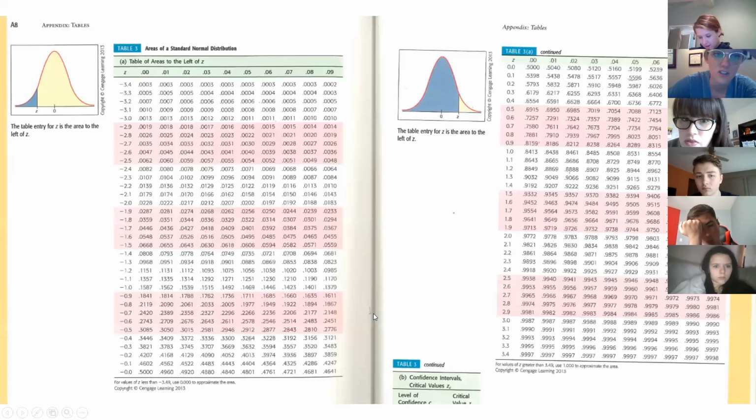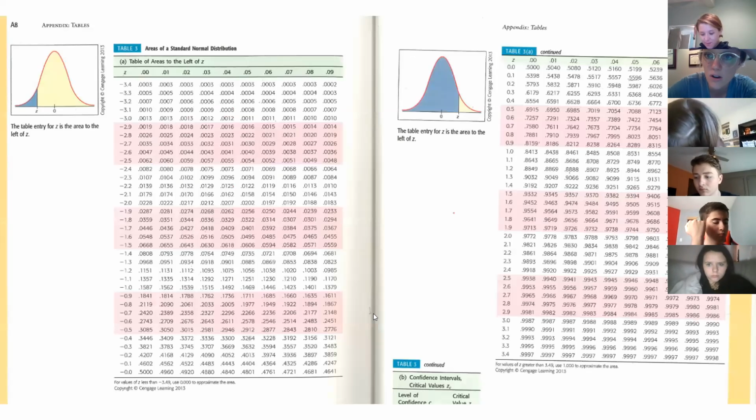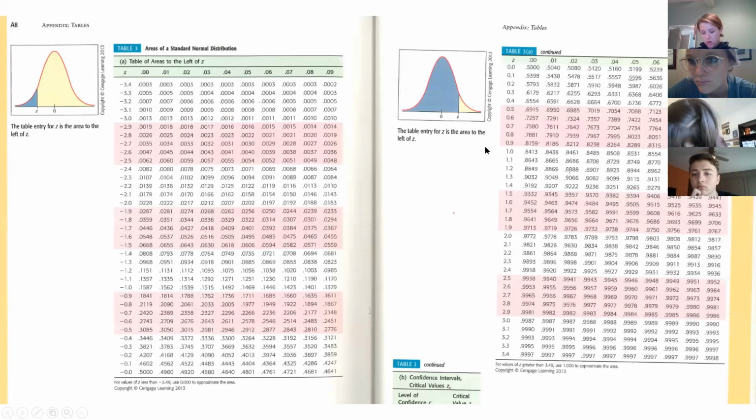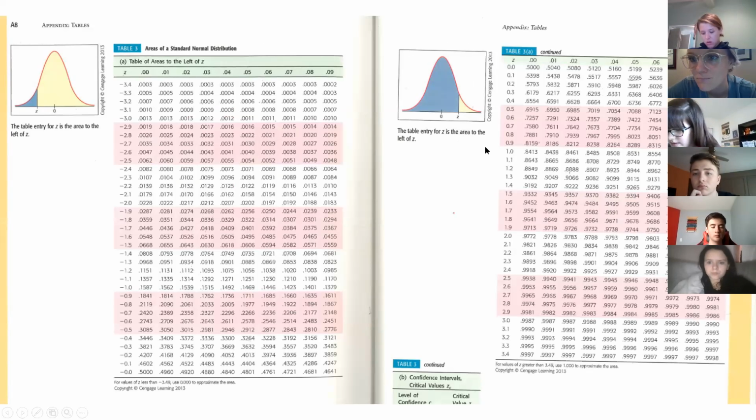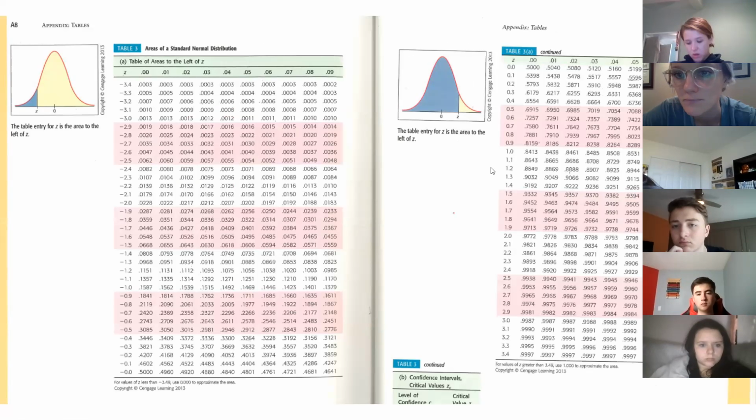All right, here's the chart. Find it. And right away, you know whether you're going to be looking on the right side or left side. Anybody finding it?